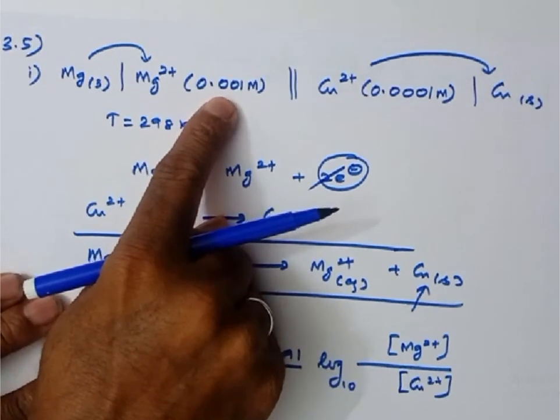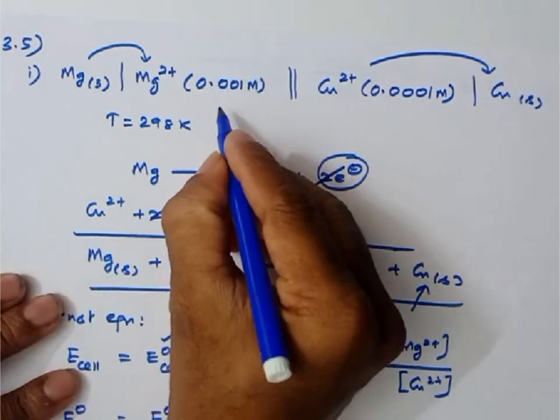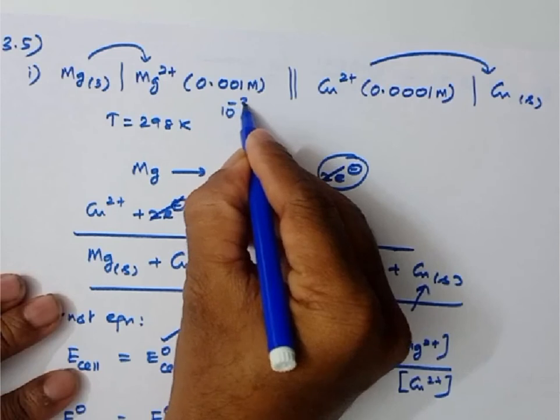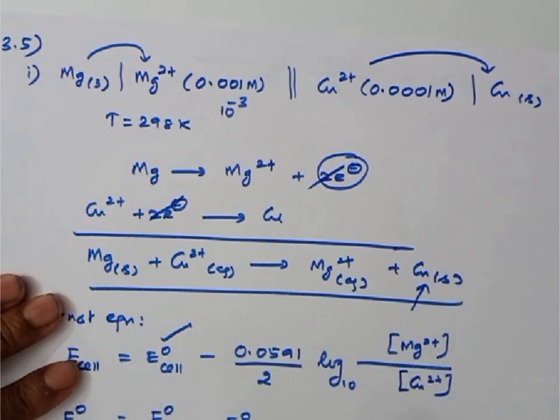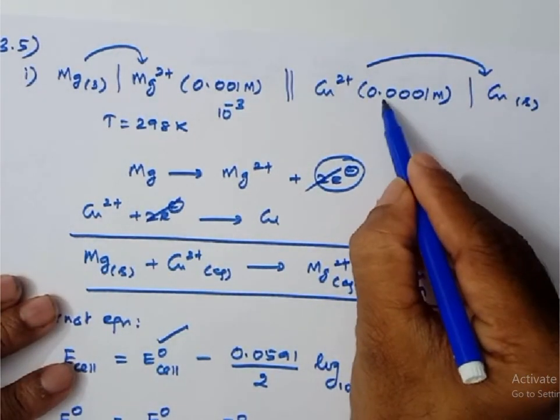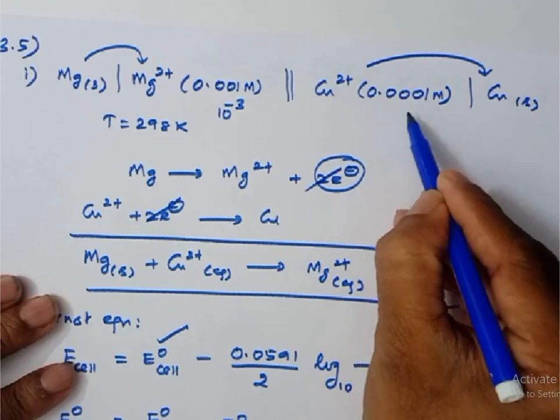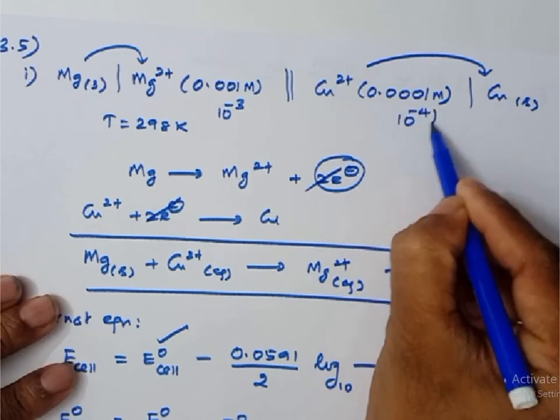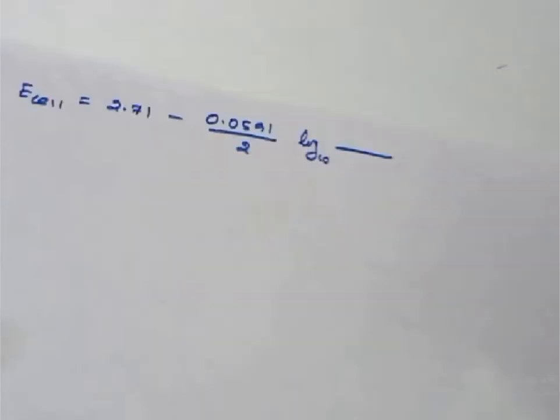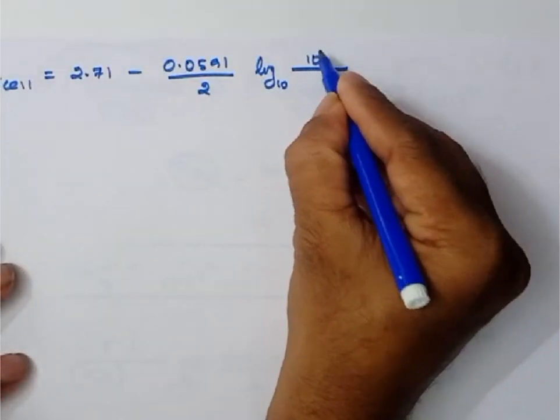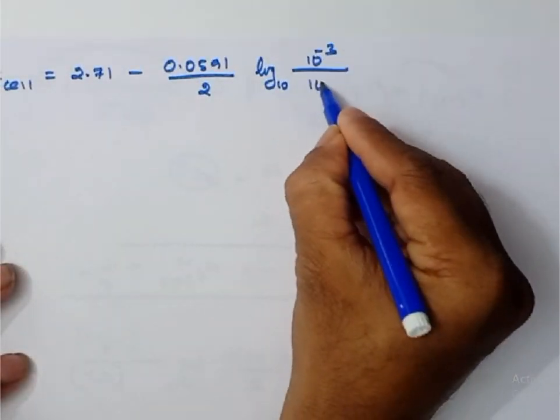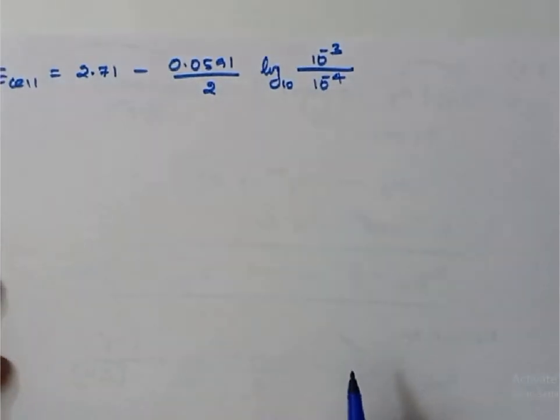Magnesium ion concentration is 0.001, which we can write directly as 10 power minus 3. And cupric ion concentration is 0.0001, which is nothing but 10 power minus 4.